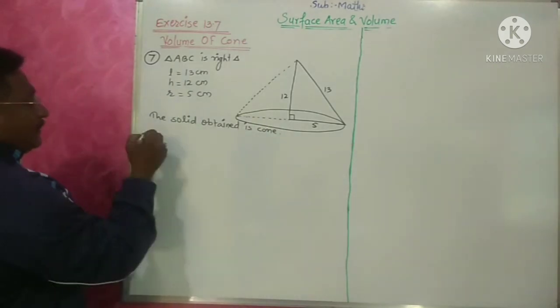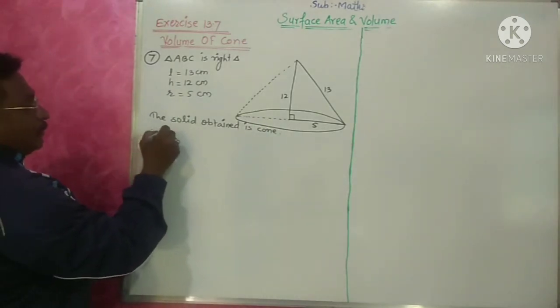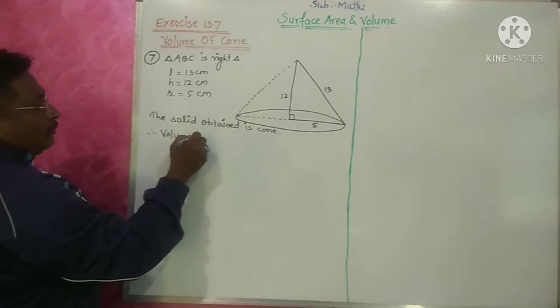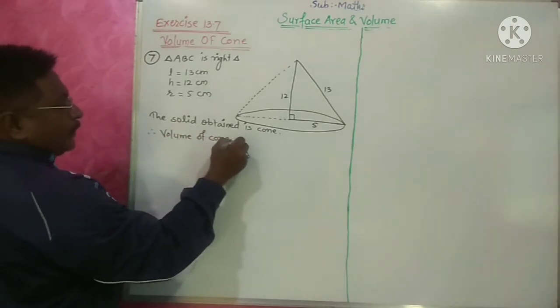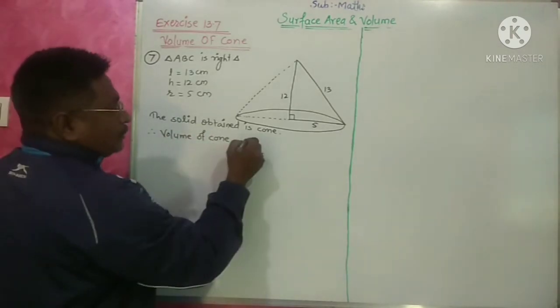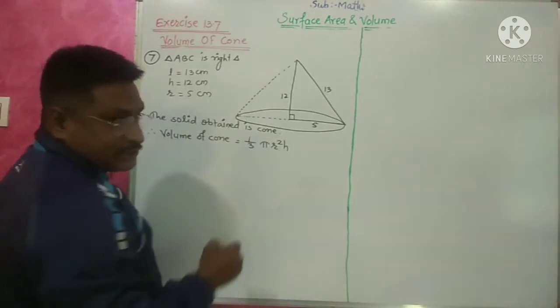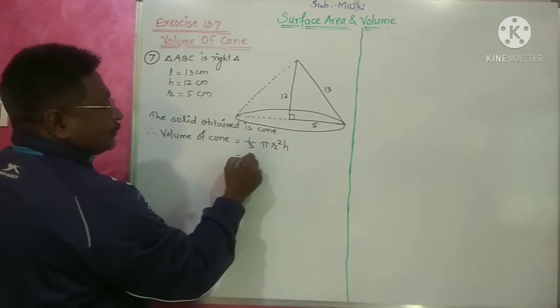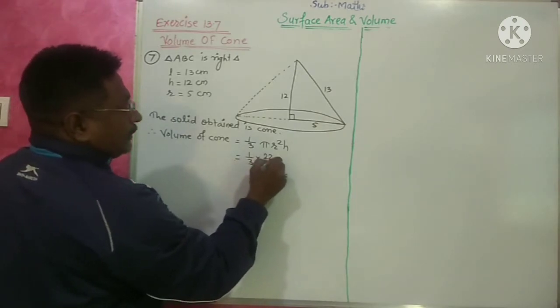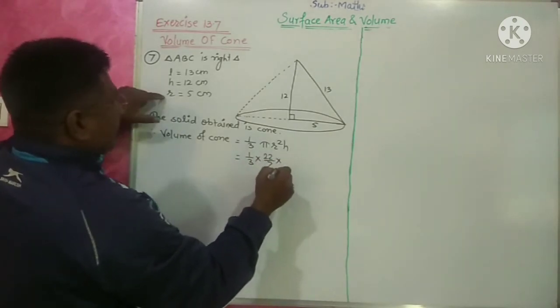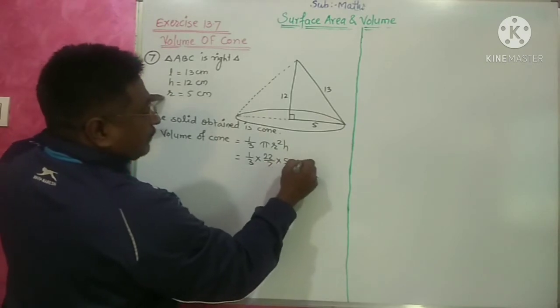So we have to find the volume of the cone. So therefore, volume of cone. What is the formula for volume of cone? 1/3 pi r square h. So now substitute the value. 22/7. R is 5 into 5.